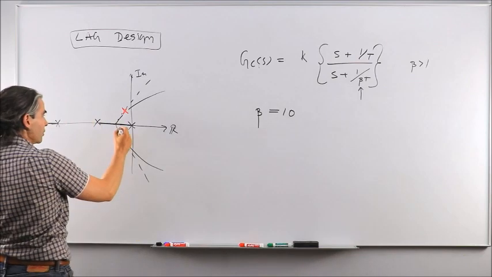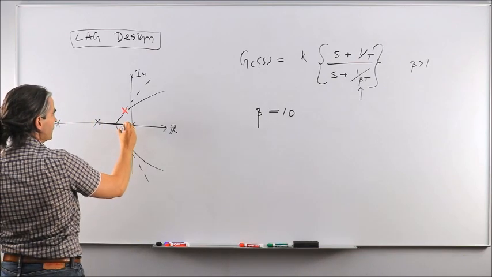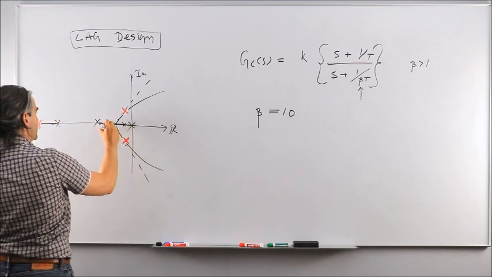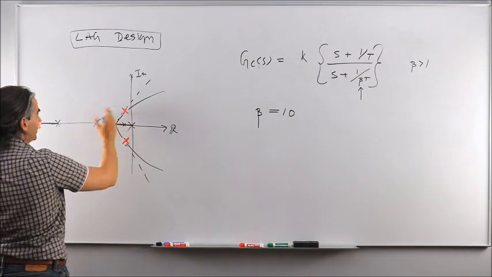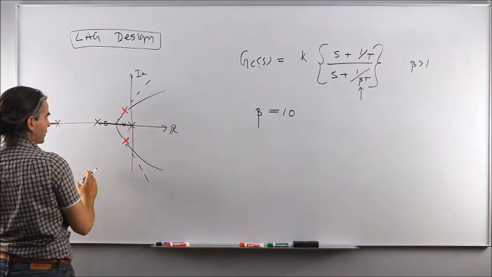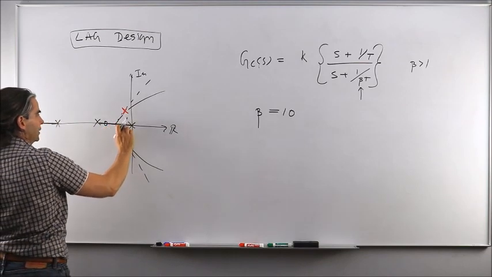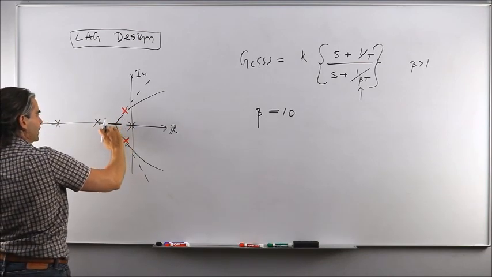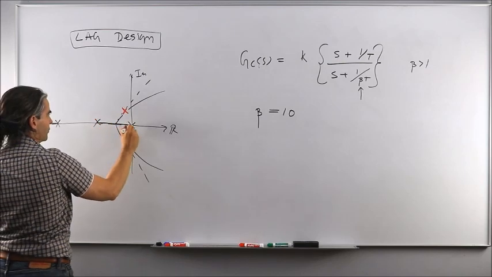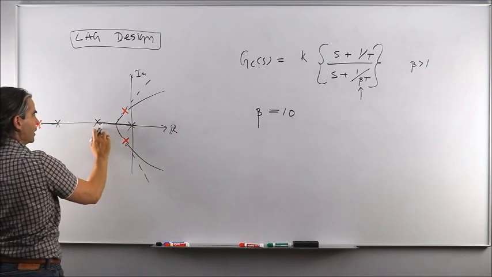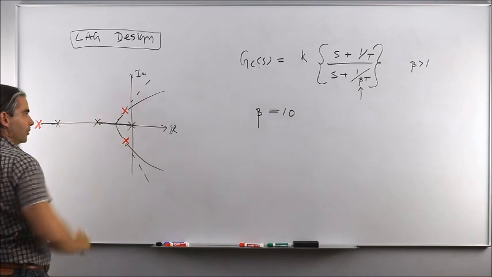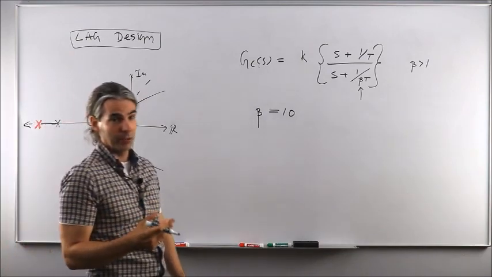Because if I were to throw the pole here and the zero over there, that would completely change the root locus. Because those two objects that have been added through the addition of my lag compensator would just throw everything off, and would have a great impact on the root locus, which was so beautiful to begin with.